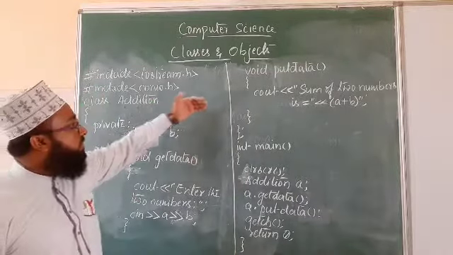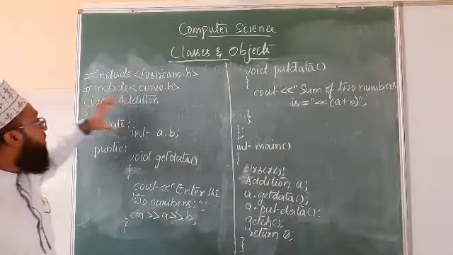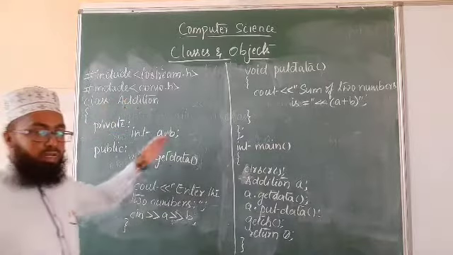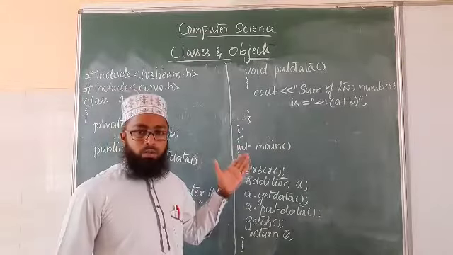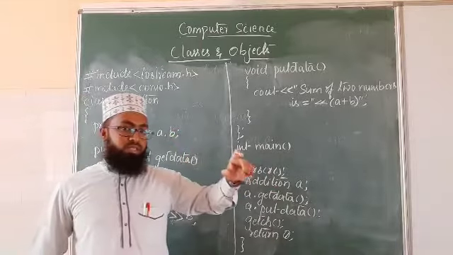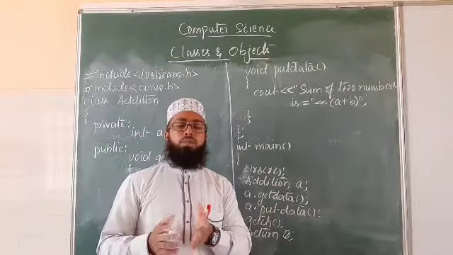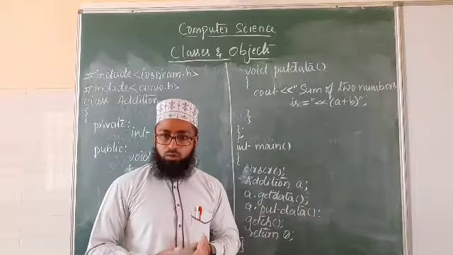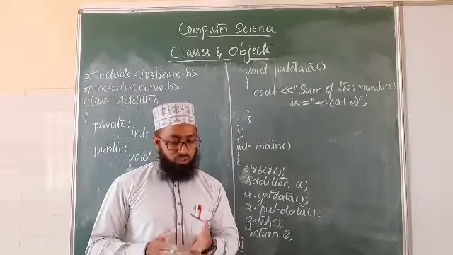Like this, we have to write a program for accessing the class. This is a simple program, not a heavy or complex program. If you write a class definition along with this program, then you will get the complete marks. Hope you have understood this.